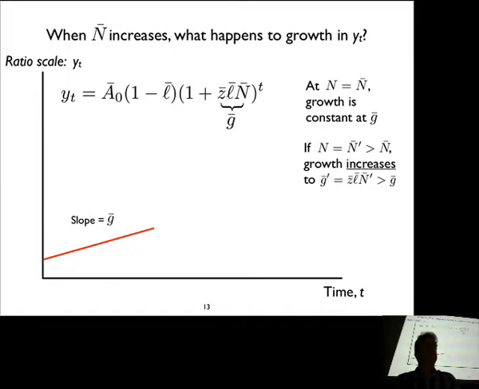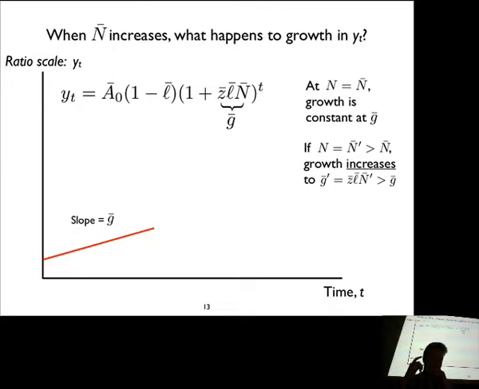So the suggested answer was the number of farmers increases at a slower rate because you need to have scientists. I'm paraphrasing. The thing is that the number of scientists is equal to a constant share of the total population. And the number of farmers is equal to a constant share of the total population.